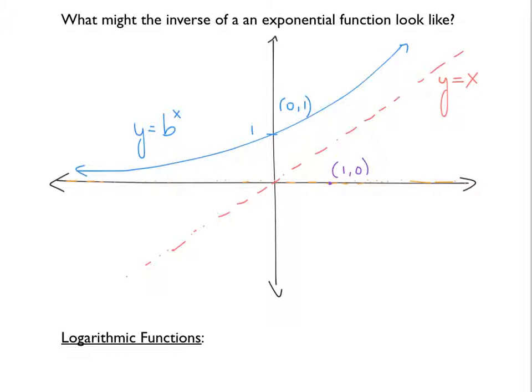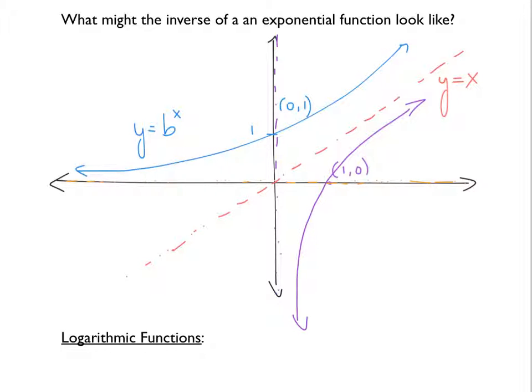And your asymptote will now be the y-axis because the exponential function has an asymptote on the x-axis, and your inverse function will look like this, which is essentially a reflection about the line y equals x.